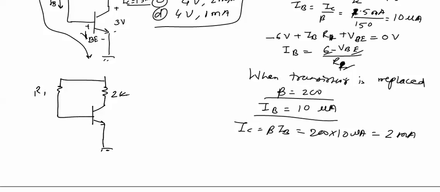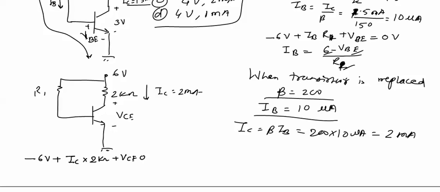This is 2 kilo ohms, just now we have calculated, and this IC is just now we have calculated, 2 milliamperes, and this voltage VC can be calculated using the KVL equation in this loop. When we apply KVL equation in this loop, we get minus 6 volt plus IC into 2 kilo ohms plus VC equal to 0.